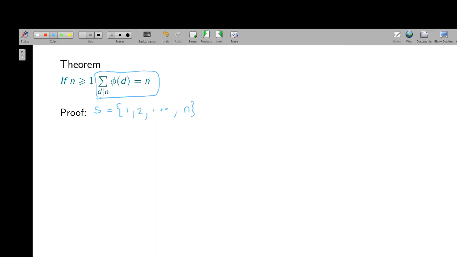So for every divisor d of n, I will let A_d be the set of all k in S such that the GCD of k and n is d.